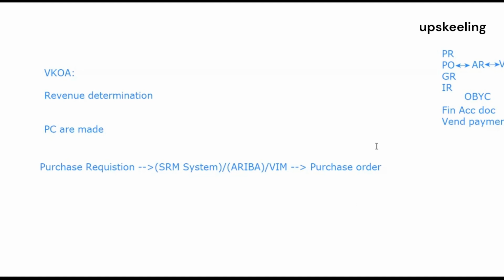Okay. So you want the CO module also, right? Yeah, that's it. This is the reason, FICO, right? Yeah, this is FICO. Yeah. So I want to learn CO. I know how you define your rates, overhead rates, KP26, you put the activity rates, activity price.